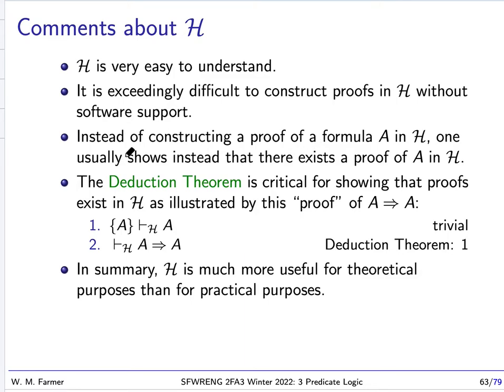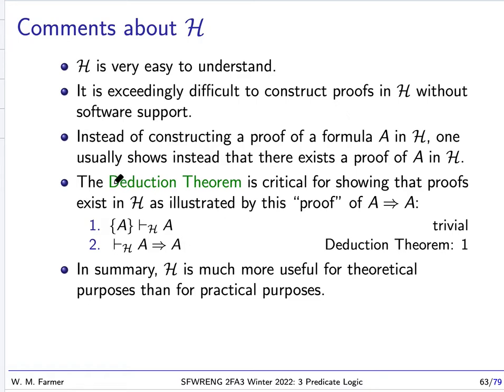So instead of constructing a proof of a formula in H, one usually shows that there is a proof of A in H. The idea is you don't actually exhibit the proof. The proof is too complicated to exhibit. You just exhibit an argument that shows it exists.